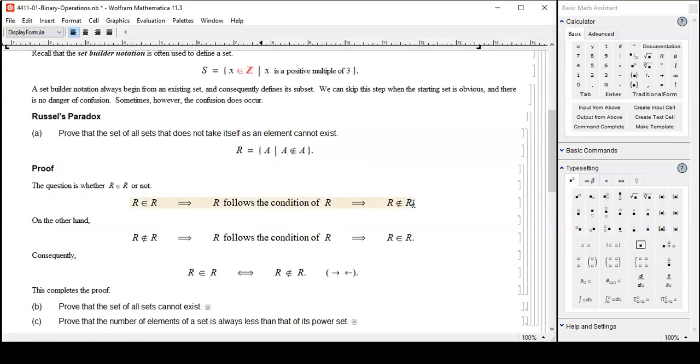If yes, then it follows the condition of R, and therefore R does not belong to itself. But then again, if R is not a member of itself, then, hey, it follows this condition. Therefore, R is a member of R. What's happening here? If R is a member of R, then R is not a member of R, and vice versa. There goes a contradiction.